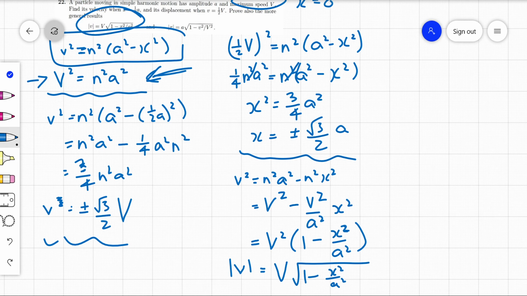So let's look at the next one. It's the displacement x that we want, and we want a's and v's, but again we don't want any n's.